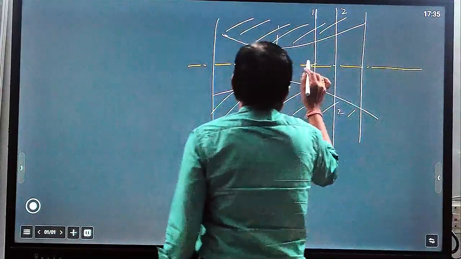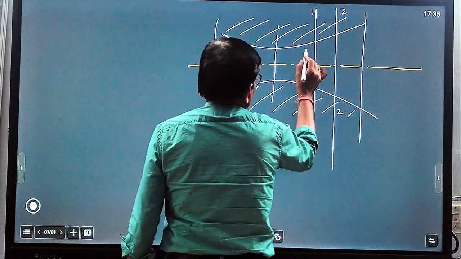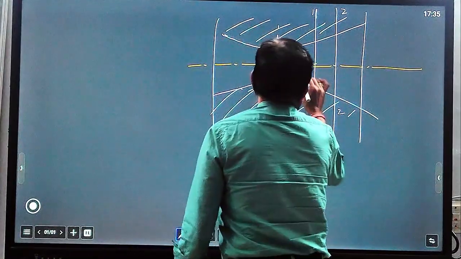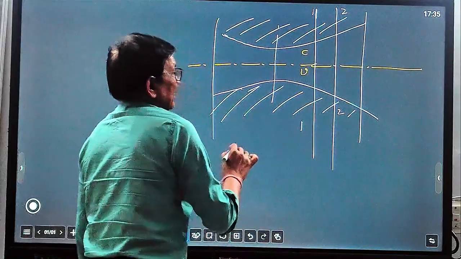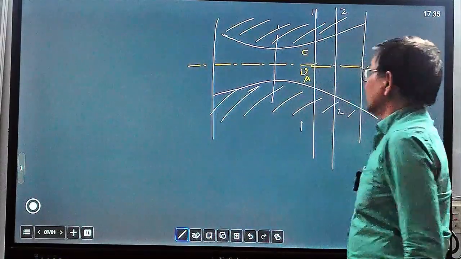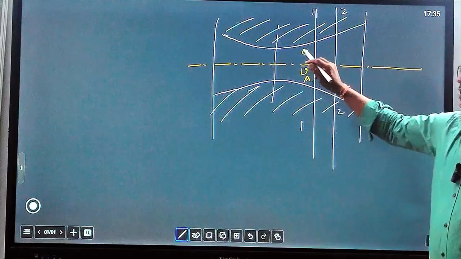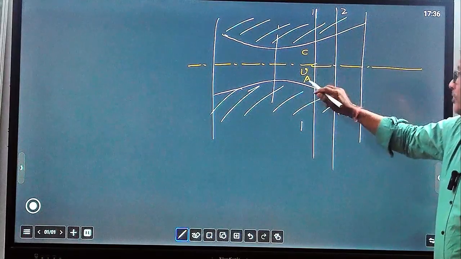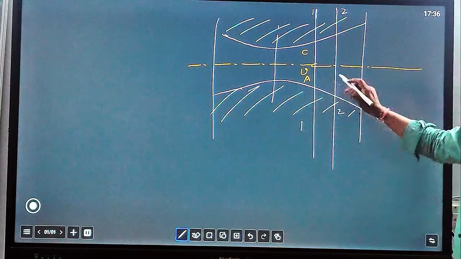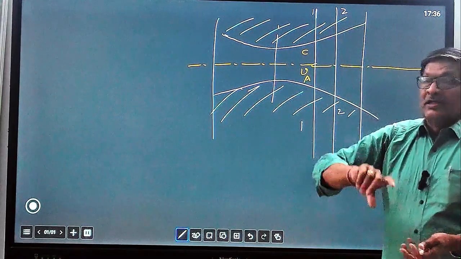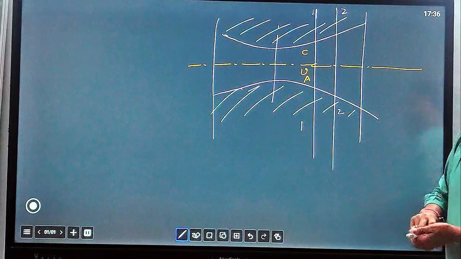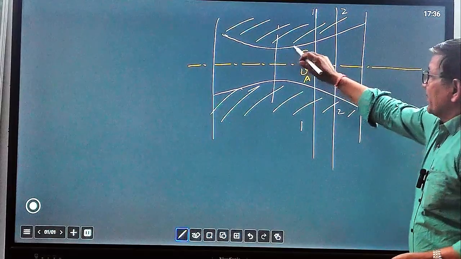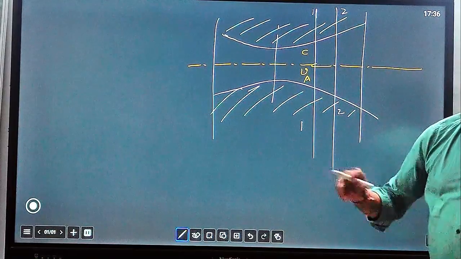Here the pressure is p, the initial velocity is C, the specific volume is v, and the area is A. We are taking three parameters: C stands for the velocity, small v stands for the specific volume, and A stands for the area at this cross section, because this is a three-dimensional nozzle and we have taken the divergent part, so the area is continuous.